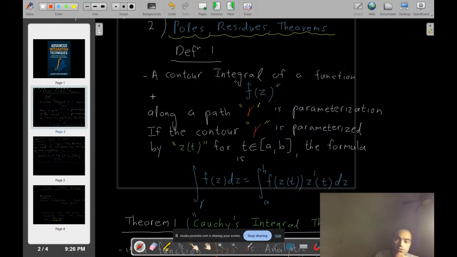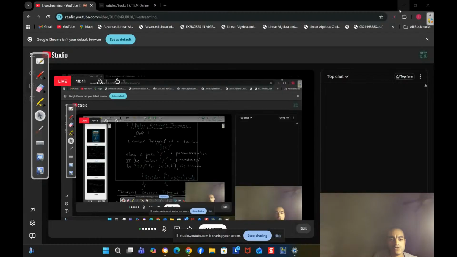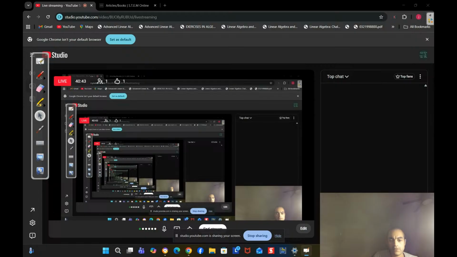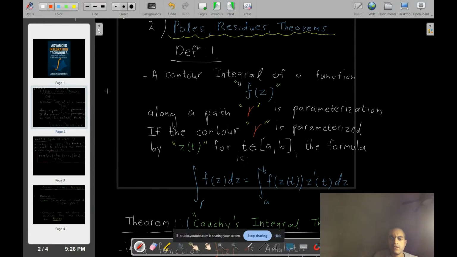I'm going to look in the YouTube chat. If there's no issue, I think everything's okay. Someone said something. Okay, let's look at definition 1, for a contour integral of a function f of z.